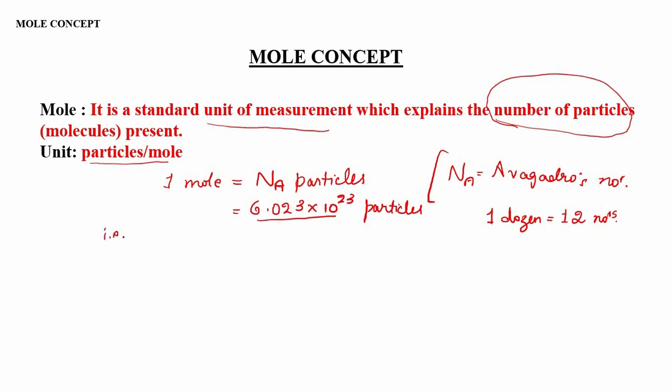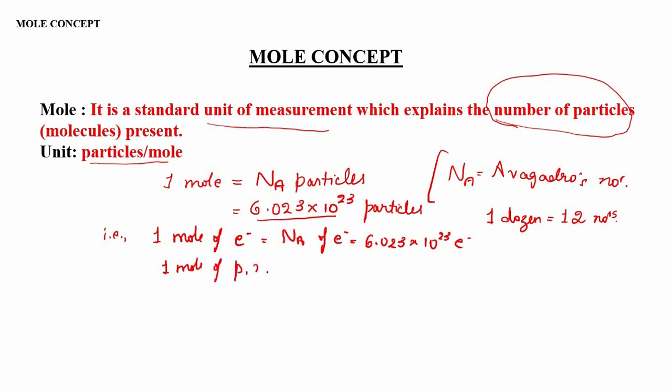For example, 1 mole of electron will be equal to Avogadro number of electrons, which means 6.023 into 10 to the power 23 electrons. Similarly, 1 mole of proton or neutron will be equal to Avogadro number of protons or neutrons, that is 6.023 into 10 to the power 23 protons or neutrons.